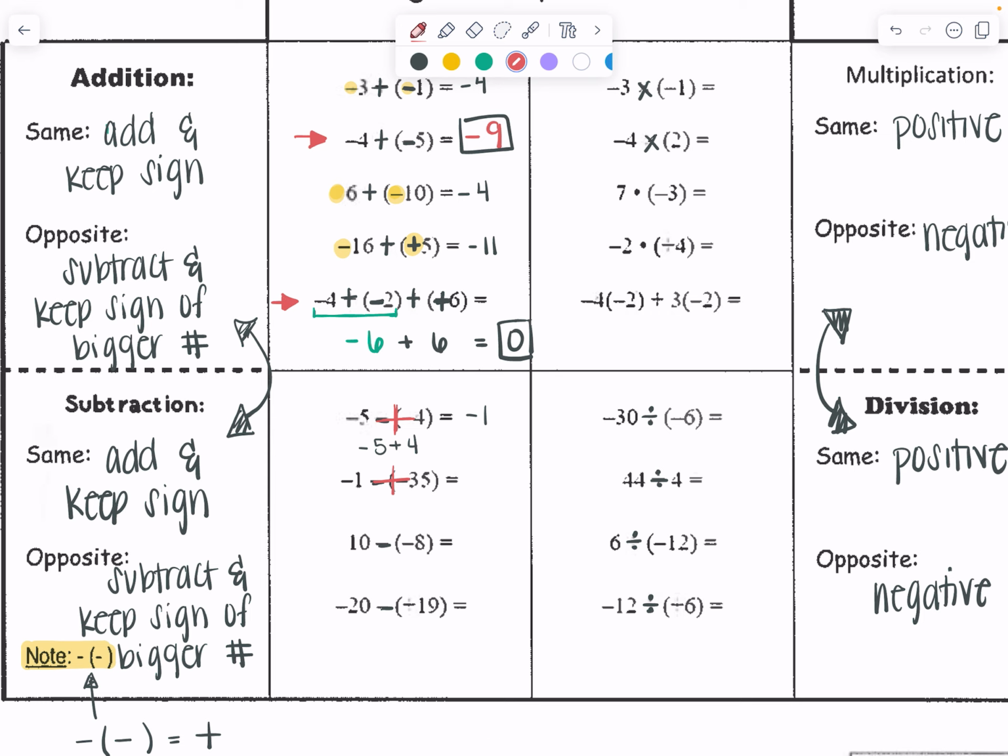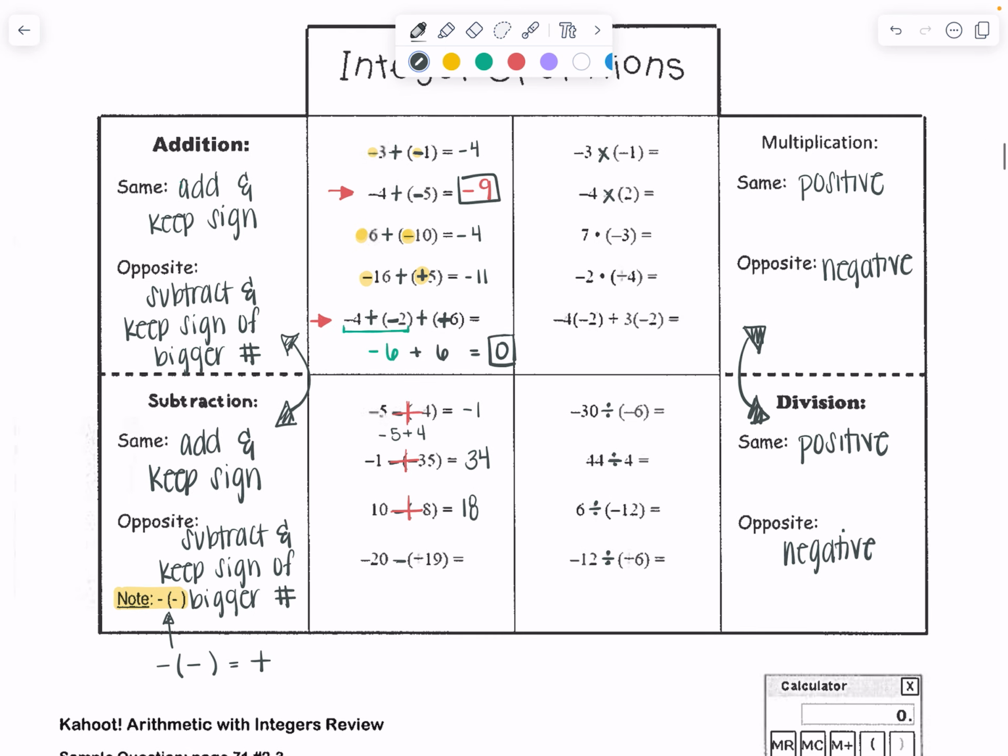All right, we've got another one of the negative minus a negative, so that's going to turn to a positive. And then now those are opposite signs. And so I'm going to subtract and keep the sign of the bigger number and get 34. All right, and I've got another one. Now that is 10 plus 8, which is going to give me 18. And then I've got one more with the subtraction.